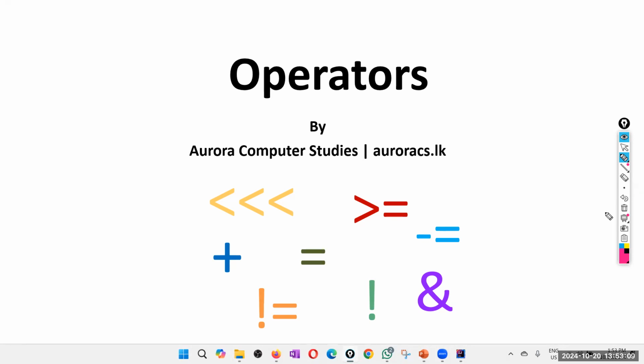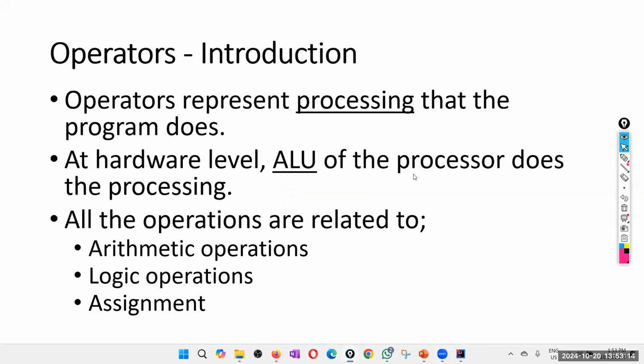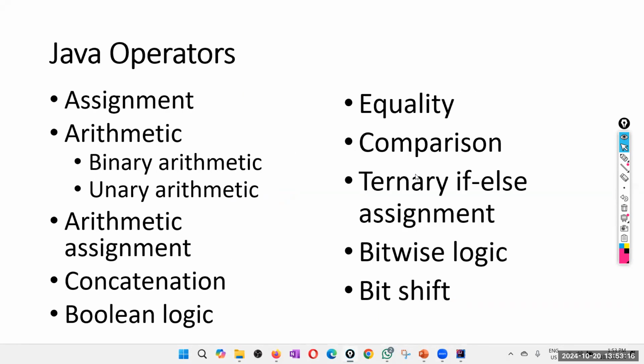Let's categorize those operators so that we can easily understand them. These are the operators in Java. In all the other languages also, 99%, these are the operators, and this is the classification. Assignment operator, then arithmetic operators, which we can subdivide into binary arithmetic and unary arithmetic.